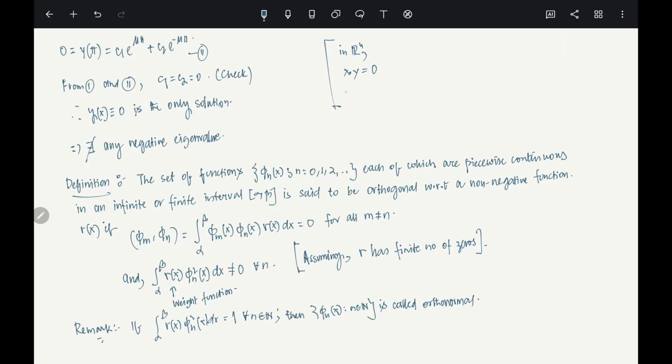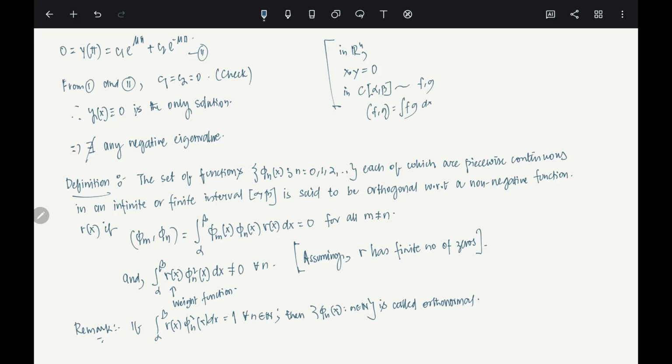Now let's say in a space like C of alpha beta, you have two functions f and g, and we say they are perpendicular to each other. How are you going to define that? We define the inner product of f and g as the integral of fg dx, and if that is 0, then we call them orthogonal.